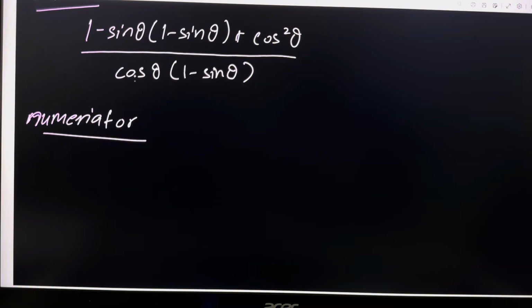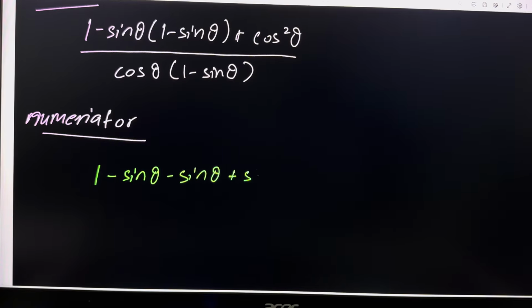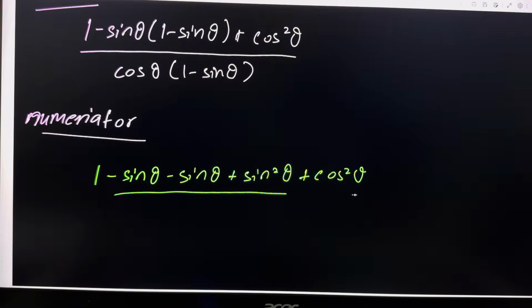We can expand this part first. So it's 1 minus sine theta minus sine theta plus sine square theta plus cos square theta upon cos theta. We're just doing the numerator, so we can ignore the denominator for now.